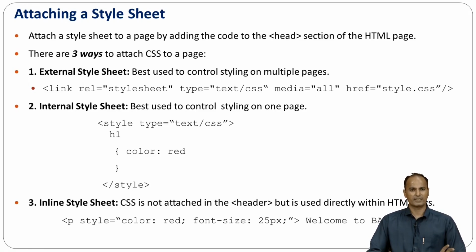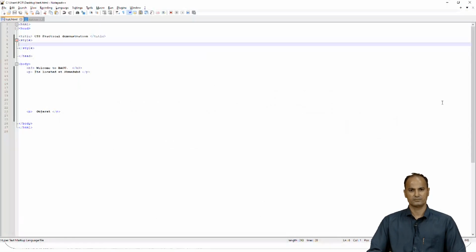It has various attributes: rel, which has a value of stylesheet; then we have to provide the type of document that we are linking, so it's a text/css document; then media is optional; and the href, the hypertext reference, which is our CSS file path. So these three attributes are mainly used in a link tag: rel, then type, and then href. So we will use it.